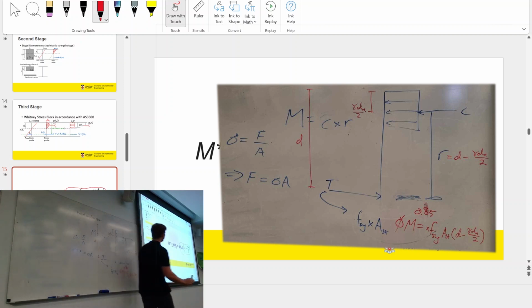And you'll see the U subscript, Mu, that just means your ultimate moment. So when we talk about ultimate limit state, ultimate strength, it's just when the beam will absolutely collapse, absolutely fail, can't use it anymore. So that's the ultimate capacity. And you're comparing that again with your M star.